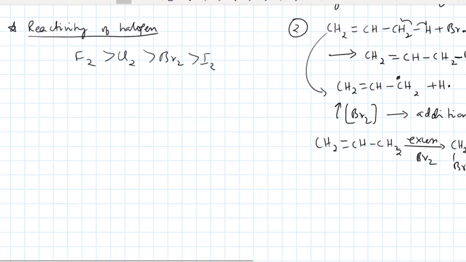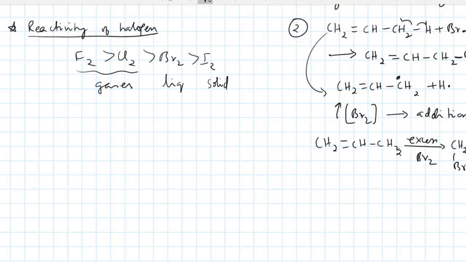So remember, these two are gases, and homolytic fission can take place quite easily. Bromine is a liquid and iodine is a subliming solid. So naturally the amount of energy that is required to break the I-I bond and Br-Br bond will be more than that of fluorine and chlorine. Okay, so this is one important mechanism that you need to remember.